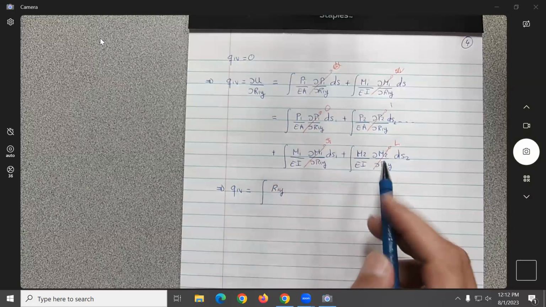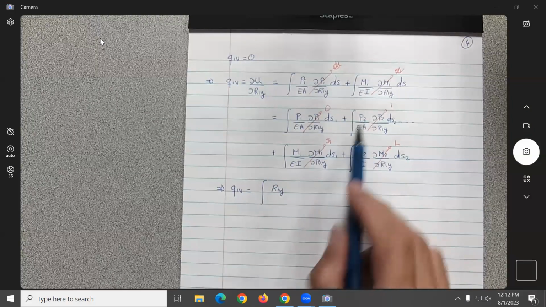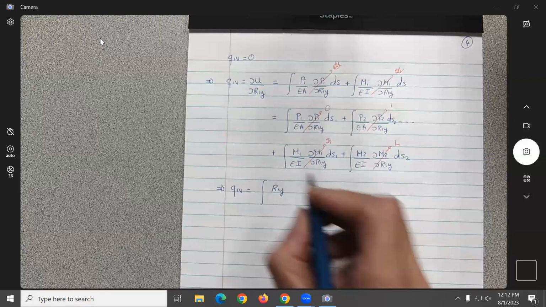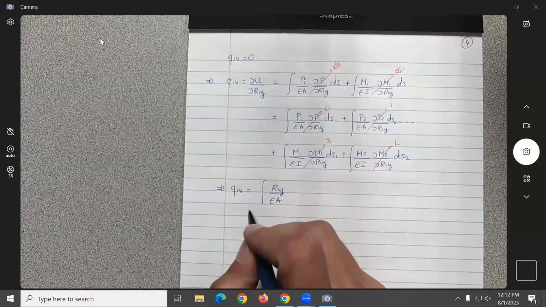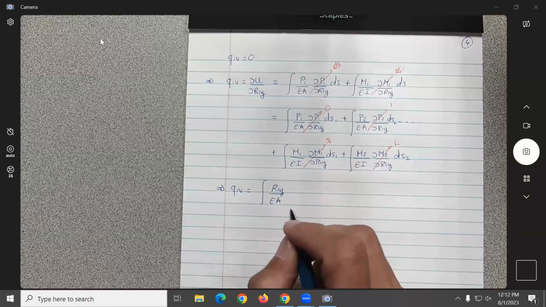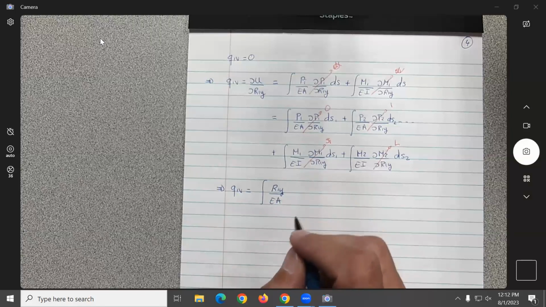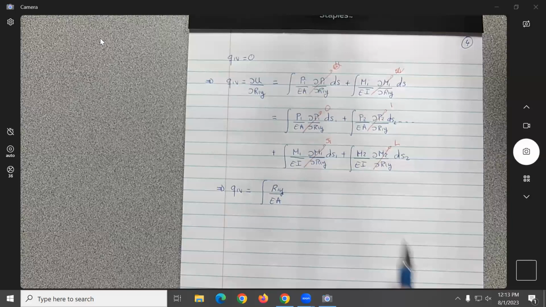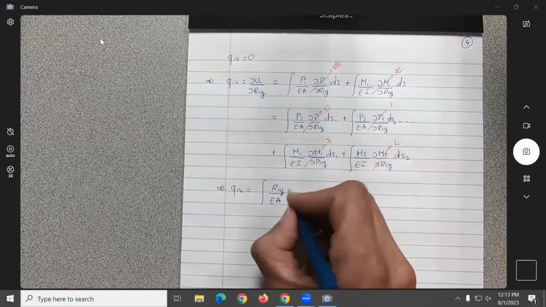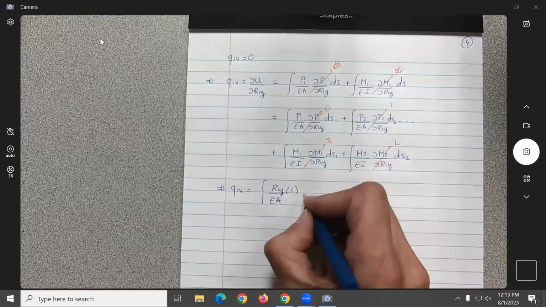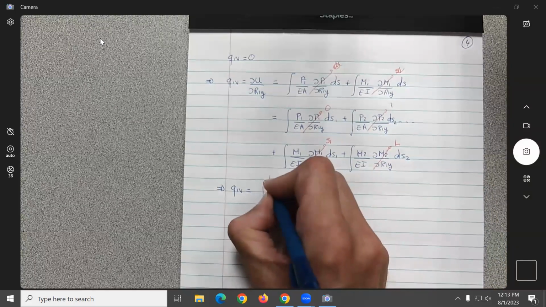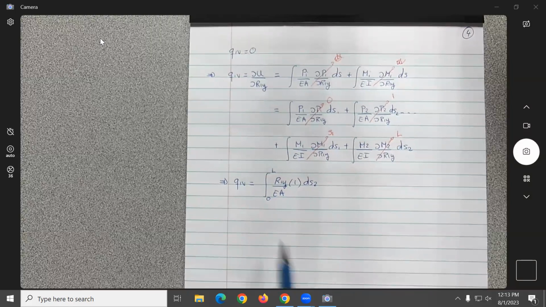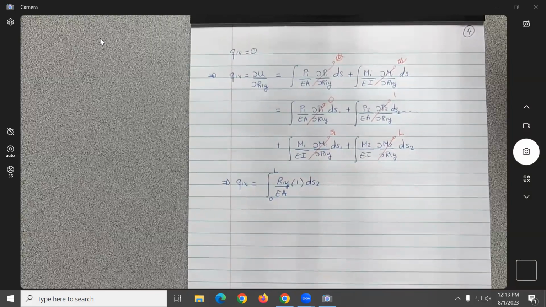P2 is, this one is 0, so I'm doing P2 R1Y divided by EA. Now this is 1, no? DS2. DS2 is going to vary between what and what? The length of that beam is 0 to L, no?